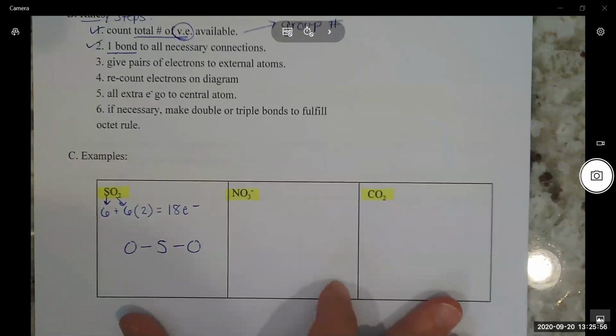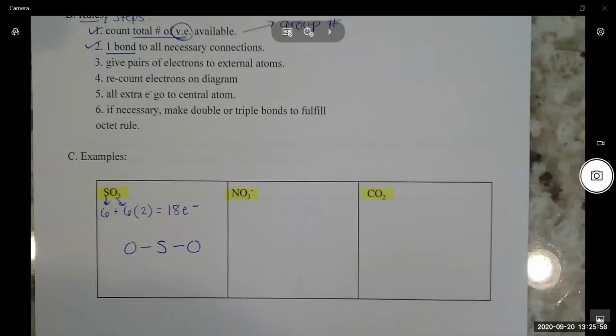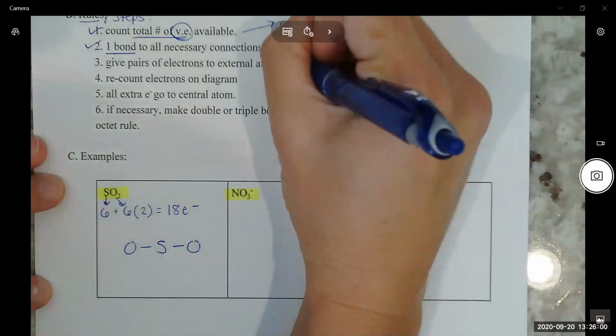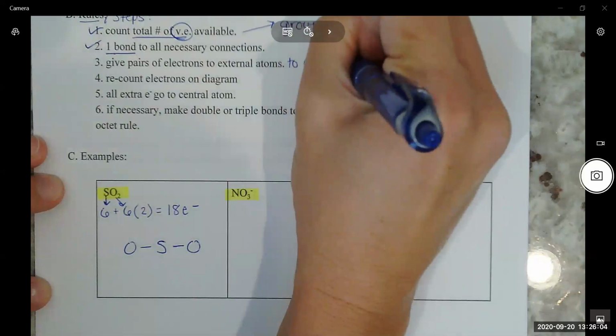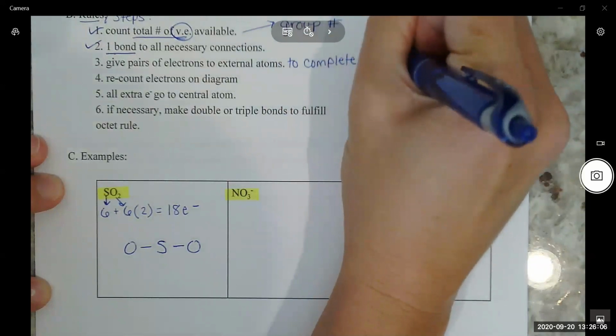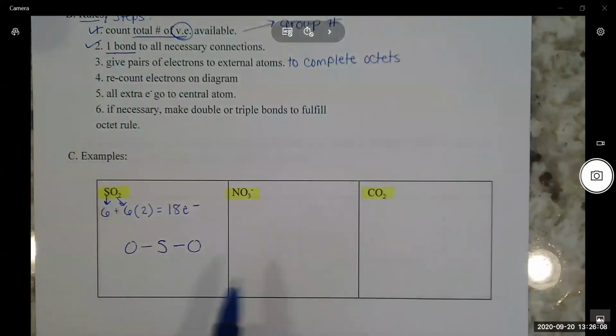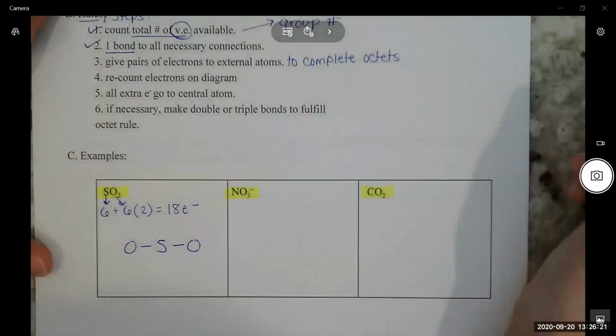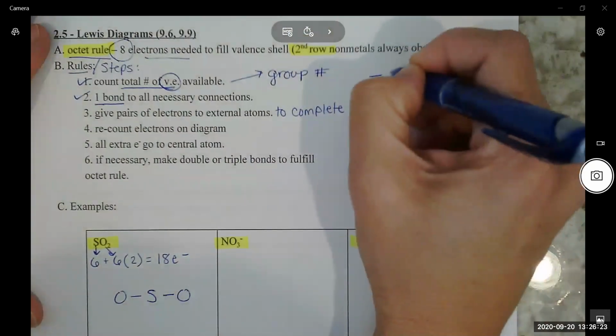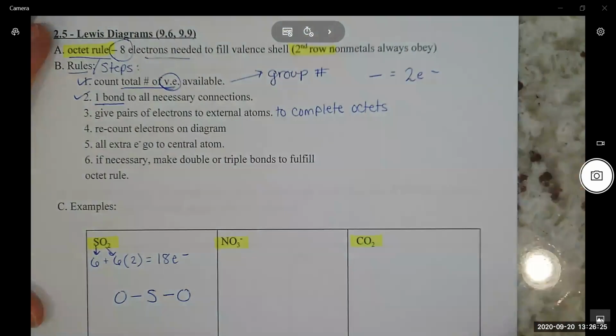Okay, step number 3: give pairs of electrons to external atoms. Let's add to this to complete octets. My external atoms are my oxygen atoms here. I want to add electrons around the outside of each oxygen in order to get 8 total electrons. Let's also remember that every line I draw represents 2 electrons.